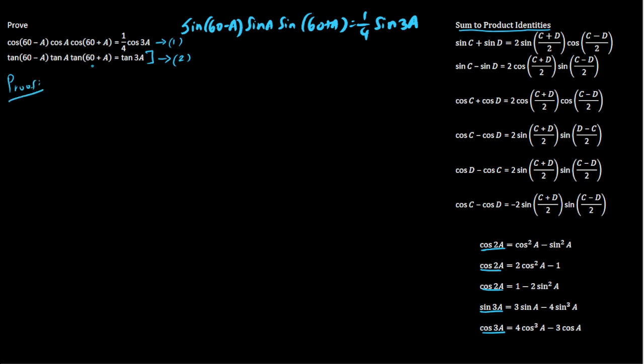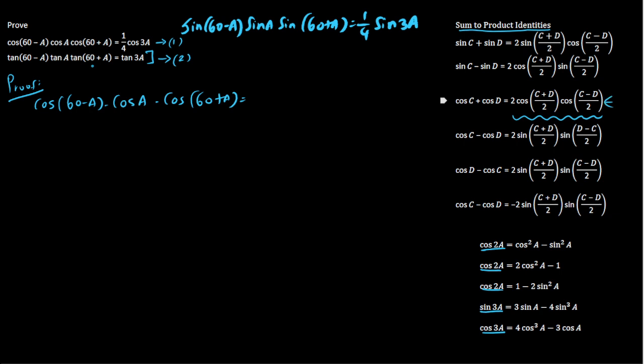For the first problem, which is cos(60 minus A) cos A multiplied by cos(60 plus A), it looks like our sum to product identity shown here, with 60 plus A and 60 minus A looking somewhat similar.